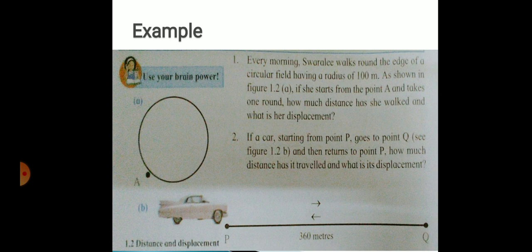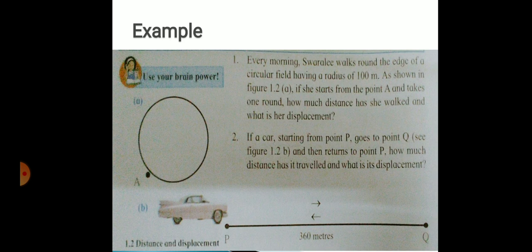If she starts from the point A and takes one round, how much distance has she walked and what is her displacement? Can you guess the answers?